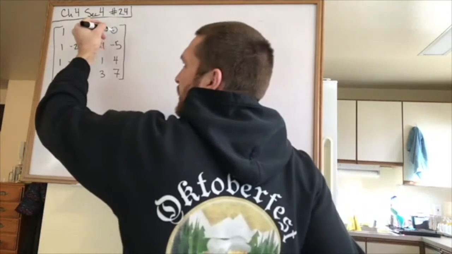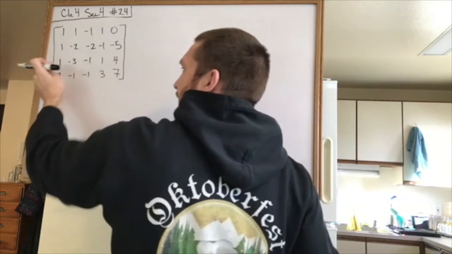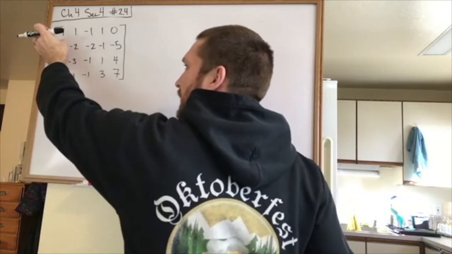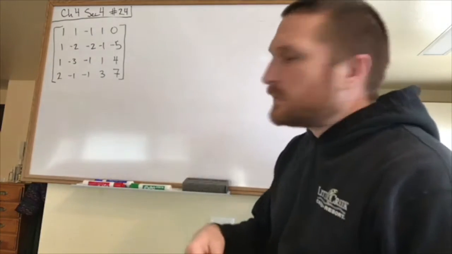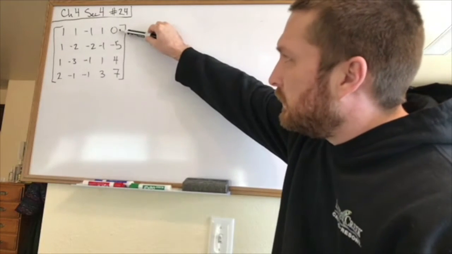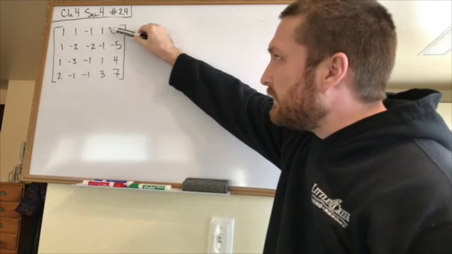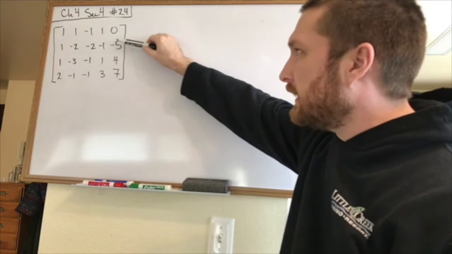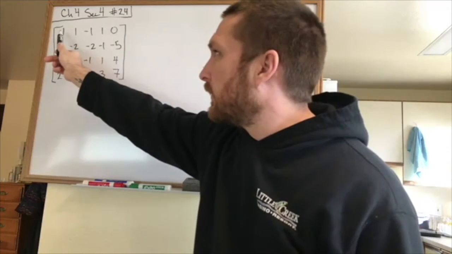I'm going to take this equation and use it to get rid of that and that and that to give me my column of zeros. And I just noticed that since this guy is a zero, that's going to make the calculation part really easy, because it doesn't matter what number I multiply that by.